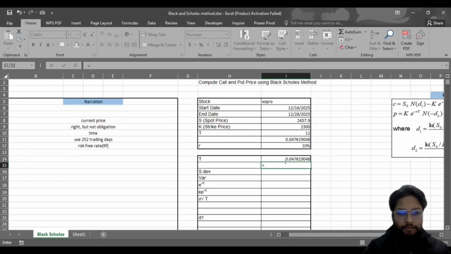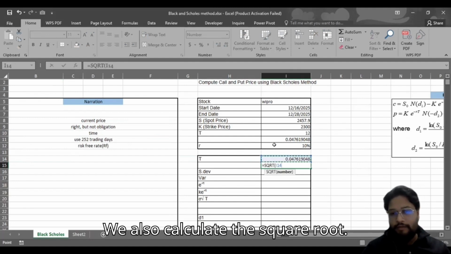And again the value of T, and we also calculate the square root.